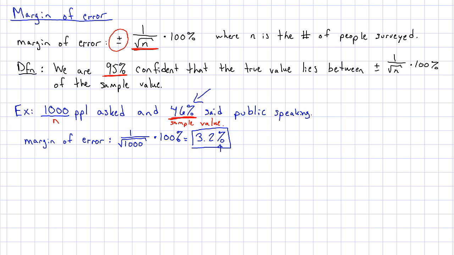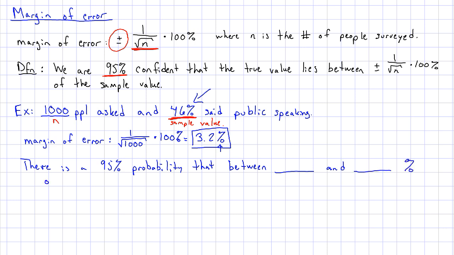So there is a 95% probability that between blank and blank percent of the population are afraid of public speaking.